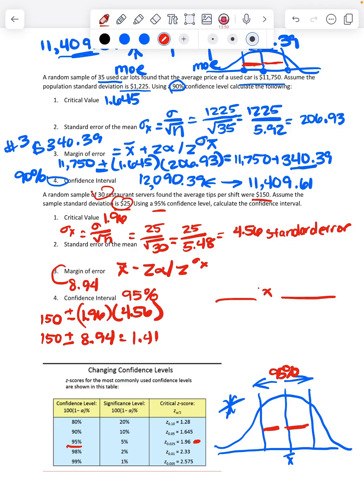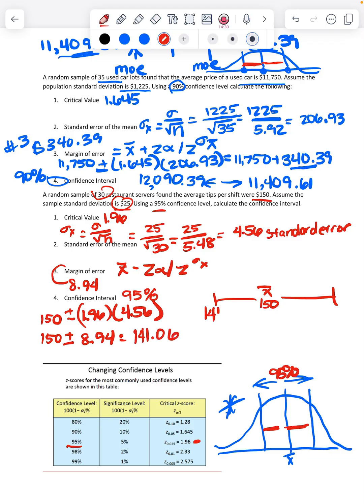So if I'm looking at my mean's in the middle, okay? My mean was 150. So 150 is going to be in the middle. And then my lower limit was, hang on, I did that wrong. 150 minus 8.94 is 141.06.